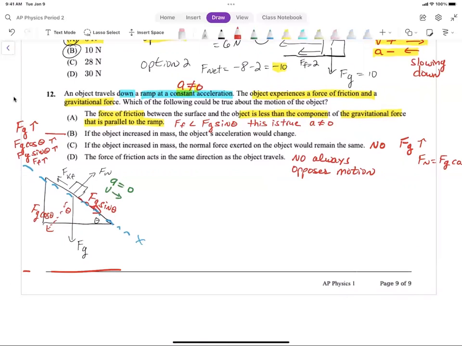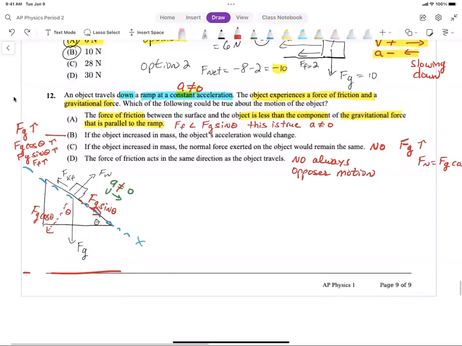It's on a ramp. The acceleration is not 0, and the velocity is downward. So here are all the forces. If it's not 0, then F_G sine theta, which you should be able to quickly draw in that picture, remember that theta ends up underneath there, F_G sine theta must be greater than force of friction if it's accelerating downward, which it said it did. It was constant acceleration, so there has to be a net force.